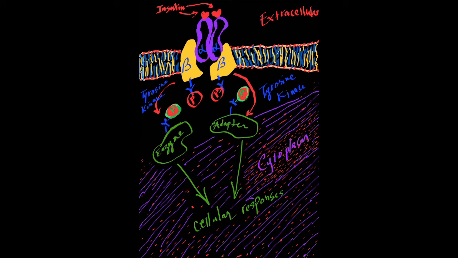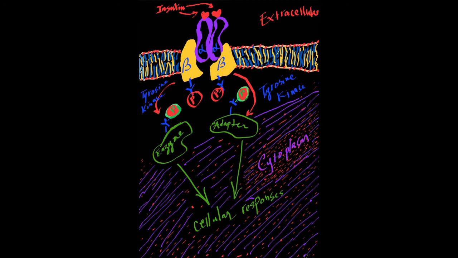The enzymatic activity of that activated receptor can also phosphorylate tyrosine on other cellular proteins. And these could be target enzymes, these could be adapter proteins. There are multiple substrate proteins that can be phosphorylated by the insulin receptor tyrosine kinase activity.